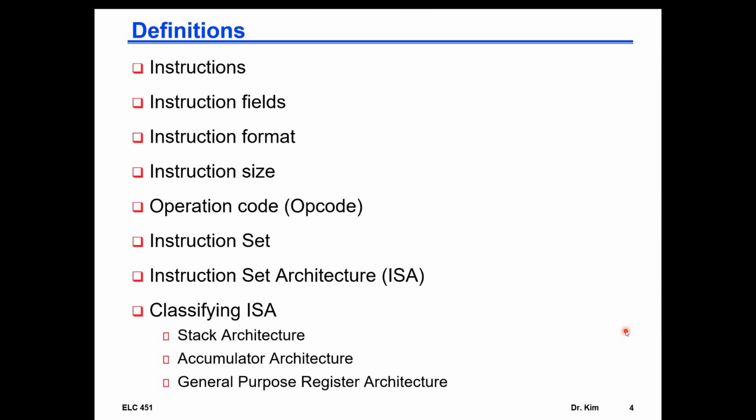So we're going to look, for example, at a stack architecture, accumulator architectures, and the general purpose register architecture, which is the one that the ARM falls under. It is a type of architecture that works on registers, on a hardware data structure, a register file, which is just a collection of registers. Okay. And the ARM has 32 of those registers to work with that are visible to the programmer.